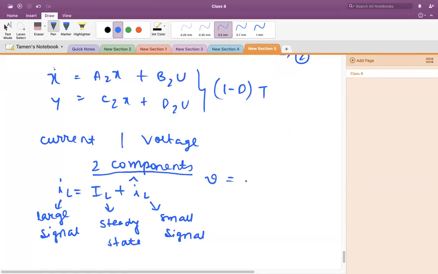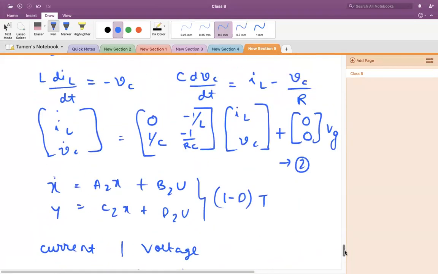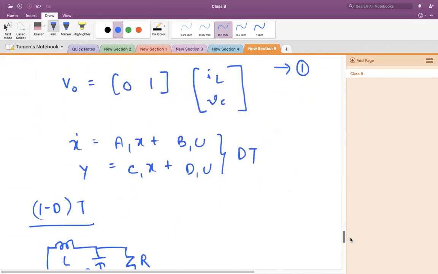So voltage will also have this V part plus the variation part. These two components are important, right? So now from the circuit 1 and 2, we got the two models.